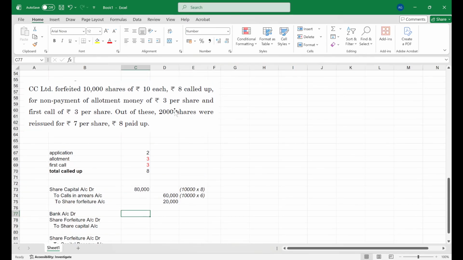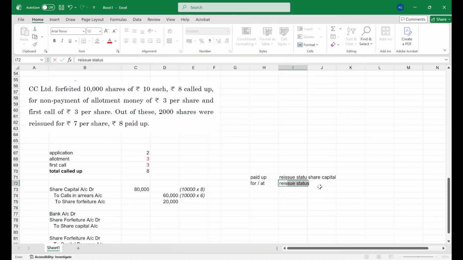Reissue, the company is issuing only 2,000 shares for 7 per share and 8 paid up. So, whenever you have the word paid up, that is the reissue status of the share, and with that you will credit the share capital. And whenever you have for or at, then that is the reissue price, and that will be bank account debit.